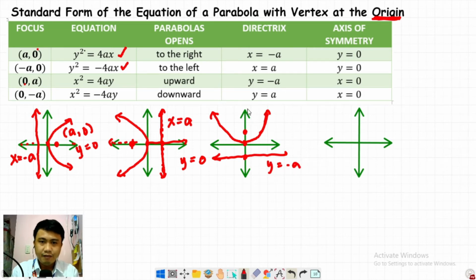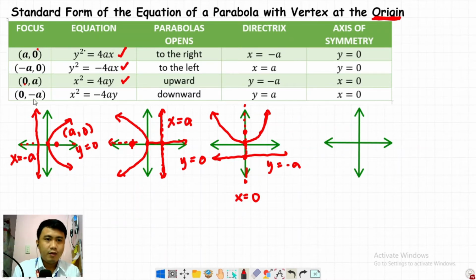So, ganun lang po. And then, of course, our axis of symmetry is the y-axis, and this is x is equal to 0. And of course, the equation, this time, ang ating x ay nasa left side, may squared siya. Equals 4ay. Siguro, tignan nyo na rin yung patterns ng pagpapalit ng mga equations, no? Pag opens upward, ang may squared po is the x. Okay? And positive ang ating 4ay kasi nga opens upward.